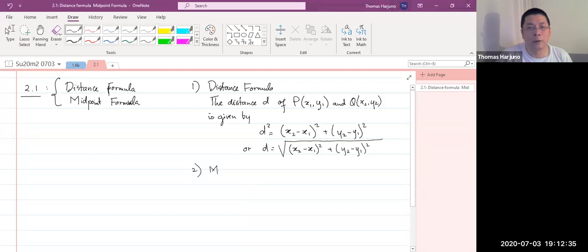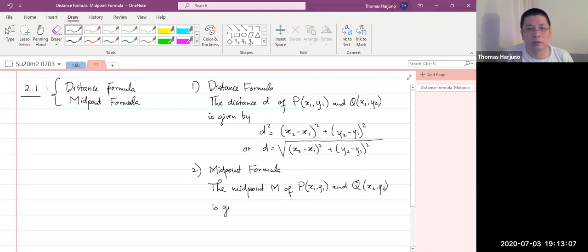Then the midpoint formula. The midpoint M of point P, (x1, y1), and point Q, whose coordinate is (x2, y2), is given by M equals the midpoint of x1 and x2, comma, the midpoint of y1 and y2.